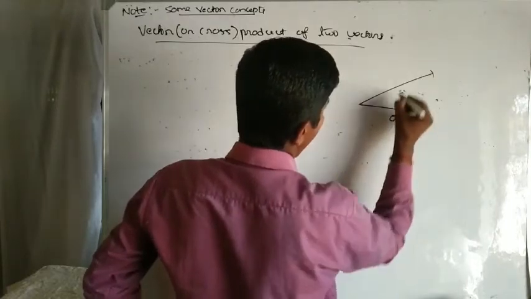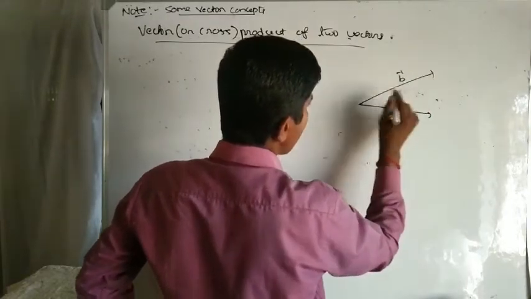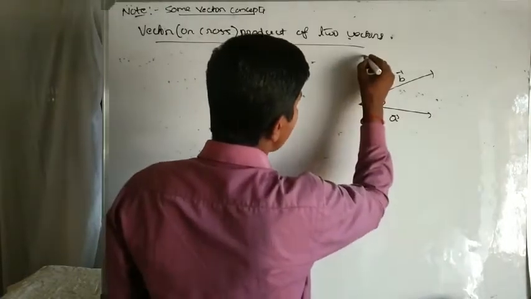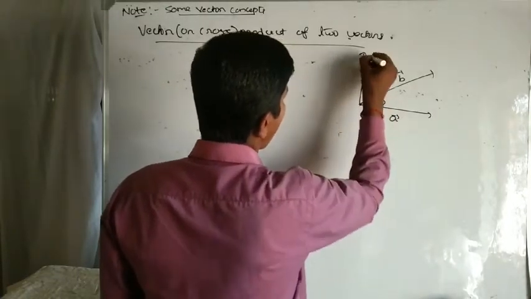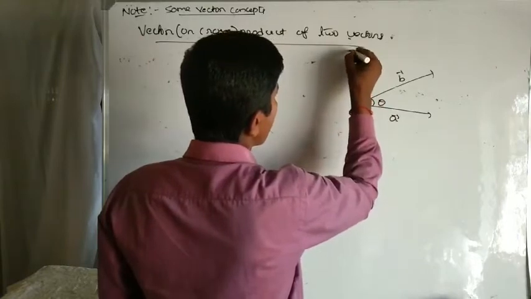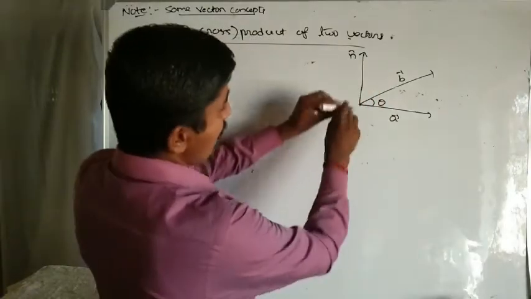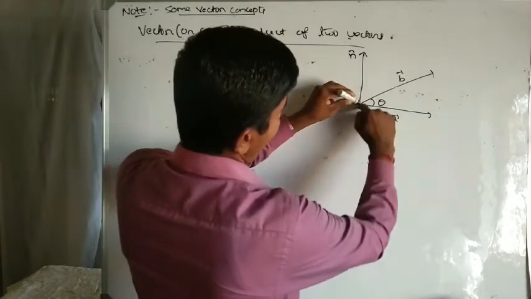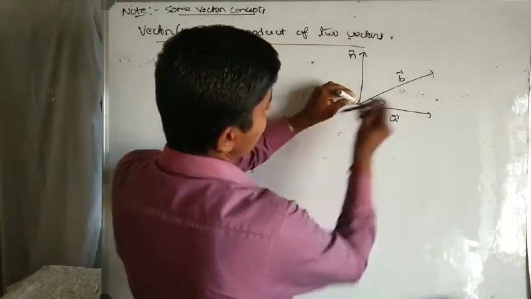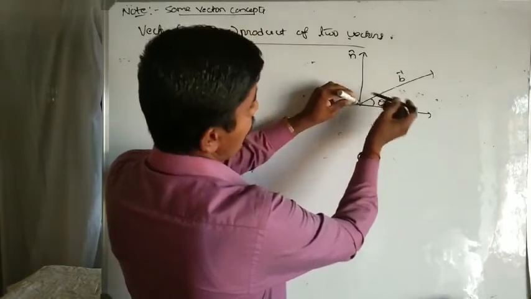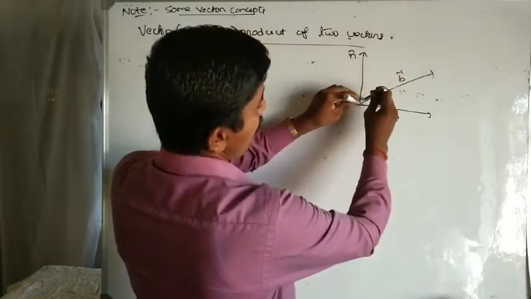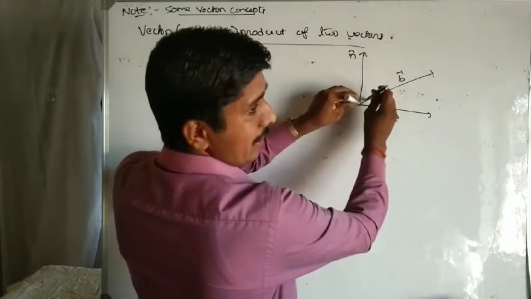Taking this as vector A, vector B, theta is the angle between A and B. Next, n cap is a unit vector. Mind it, I am taking this as vector A like this, and this as vector B. Theta is the angle between vector A and vector B. Here n cap is a unit vector which is perpendicular to vector A and vector B.